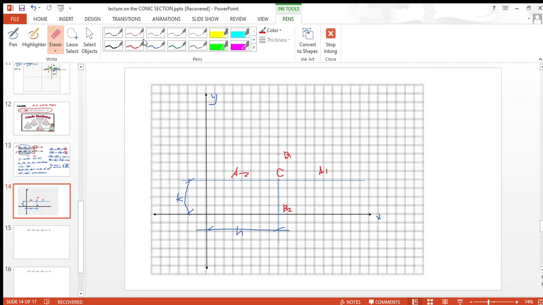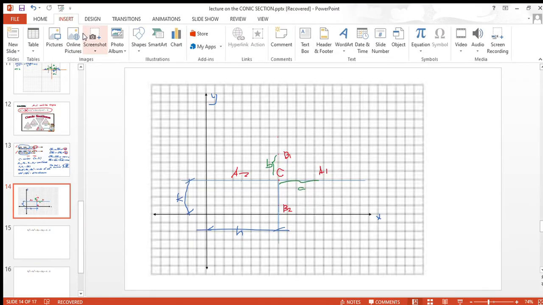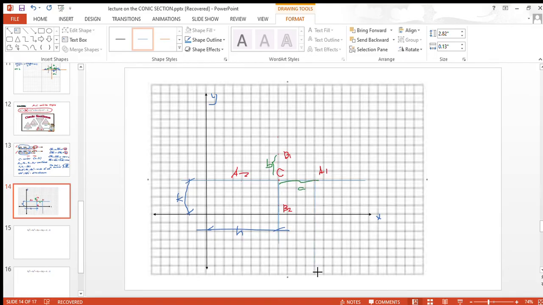So what do we know about this? The distance from center to A1 is A. The distance from center to B1 is B. Therefore, if we will now have our values, this will now be for A1, and for B1, that will be the abscissa, and then this will now be the ordinate for B1.